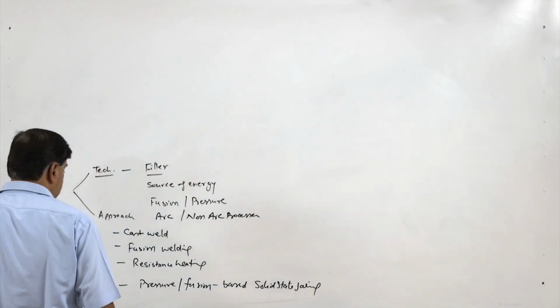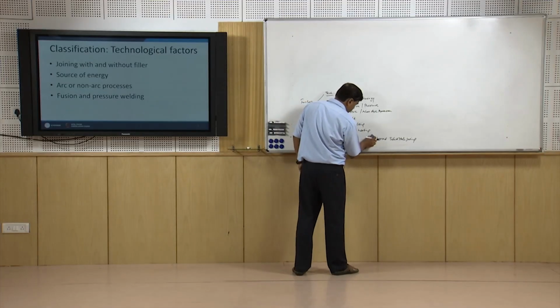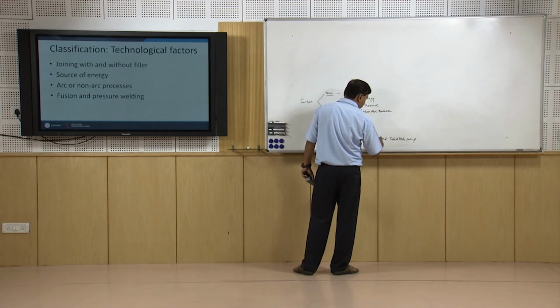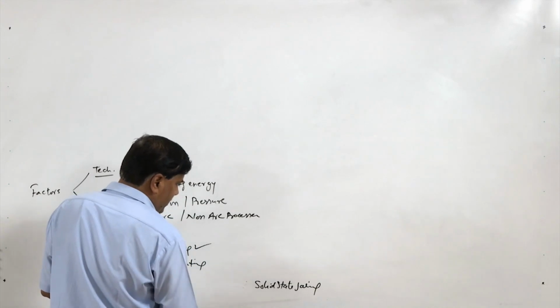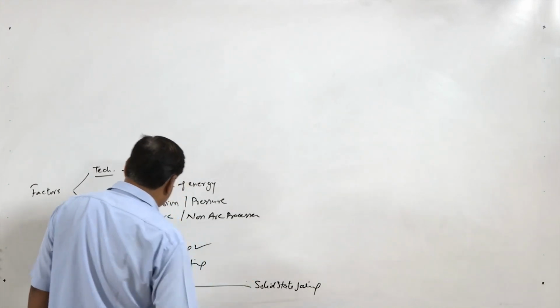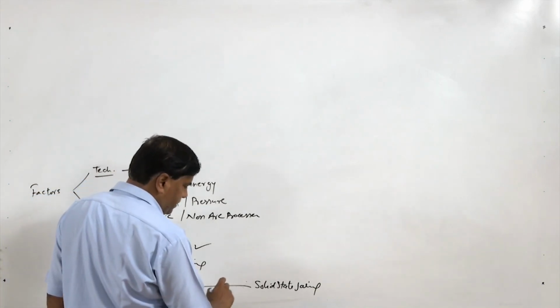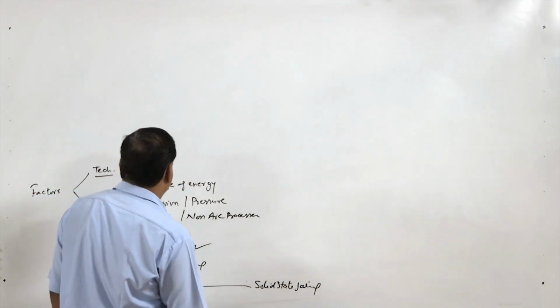So basically the fourth classification is here fusion, and here the solid state joining process. So, cast weld process, fusion weld process, resistance heating based process, and solid state joining processes.